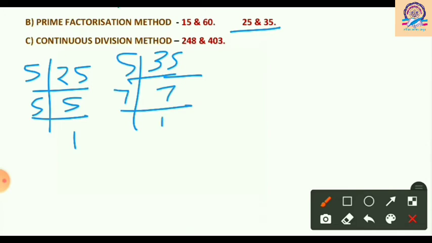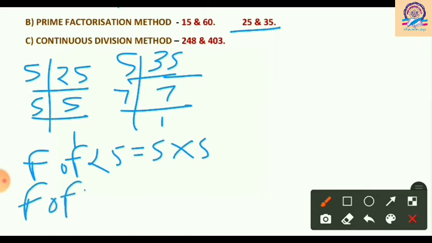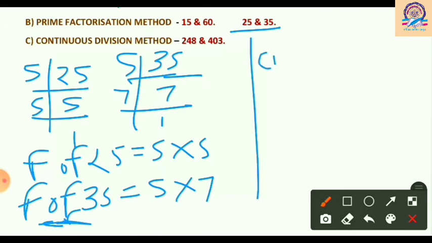Now we can write the factors of 25, which are 5 into 5, and the factors of 35, which are 5 into 7. Clear? Now we will write the common factors of 25 and 35.